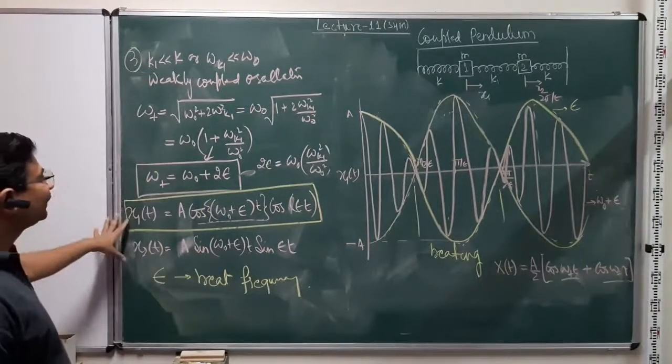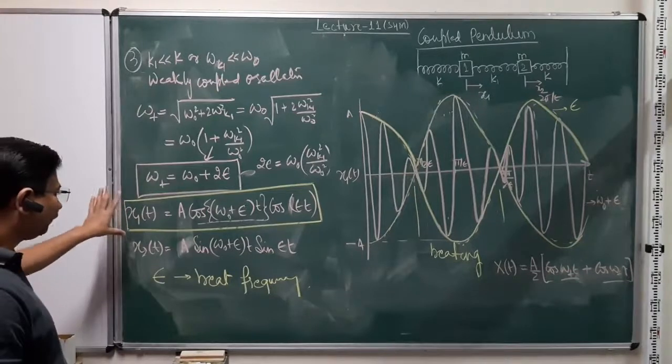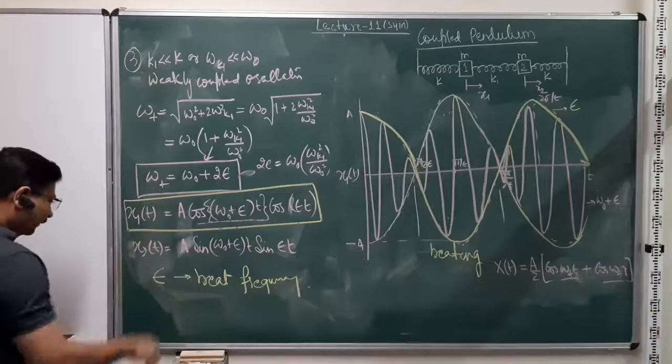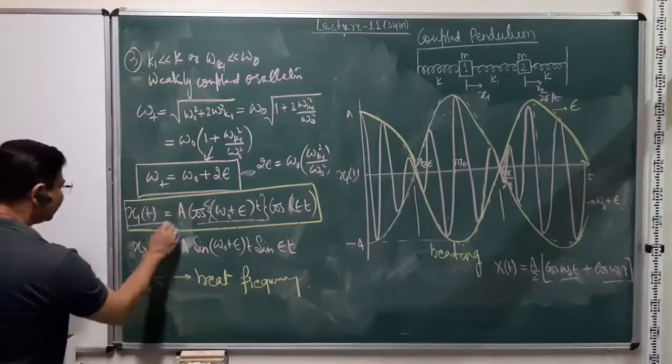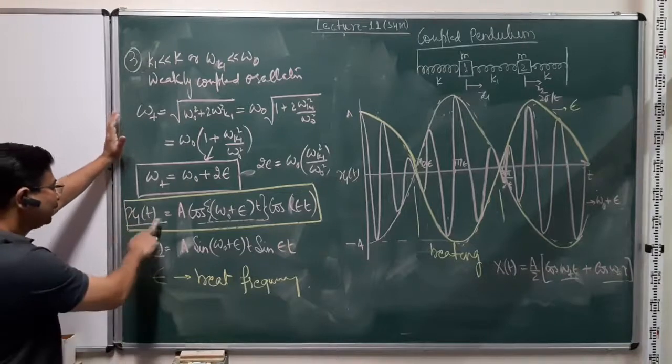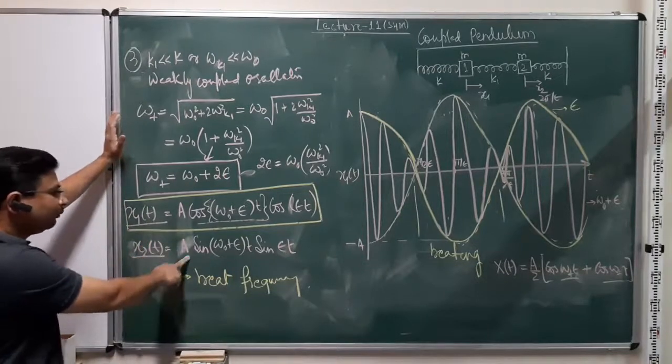Now, the last important feature that we need to see from here is that if you look at these two solutions, x1 and x2, at t equal to 0, x1 is at A, x2 will be at 0.